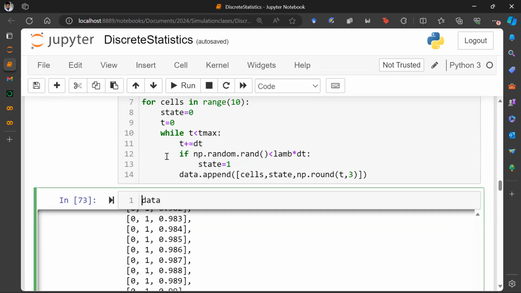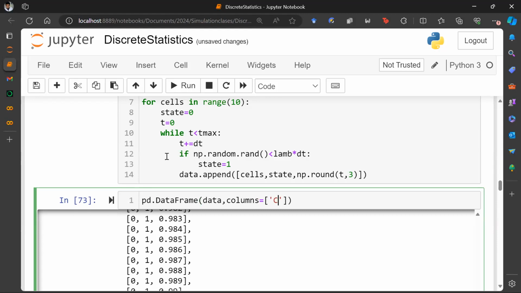This is the standard way to deal with data. So we have data, pandas is our library, and we use DataFrame, and we use the array to convert it into a data frame. And we call the columns.